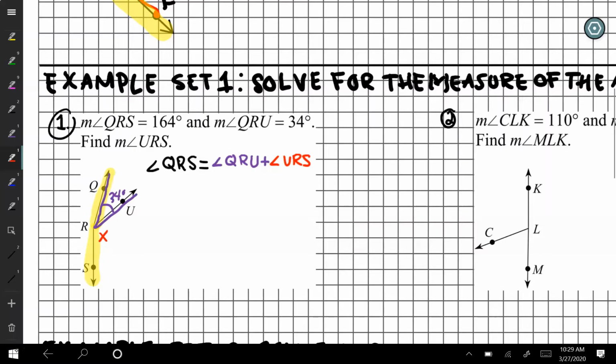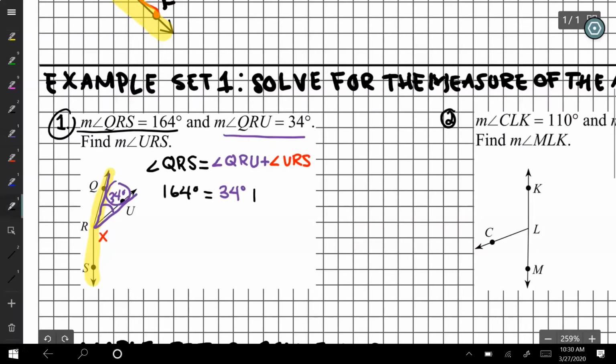The question tells me that QRS is 164 degrees, so I'm going to write that instead of angle QRS. 164 degrees equals QRU, which is 34 degrees, plus, I don't know what URS is. That's what I'm solving for.